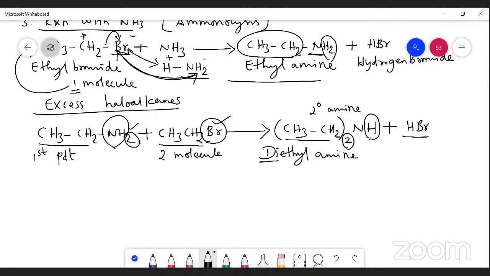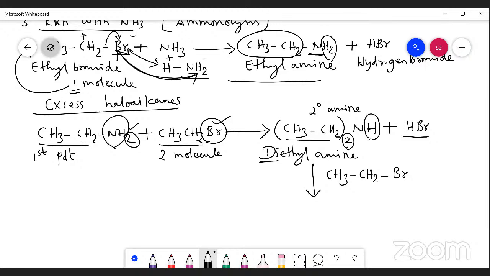Okay. Next, in the same product, this is the second product we know. In that second product, if I add one more haloalkane, CH3CH2Br, what happens? Because totally first one taken, one more added.